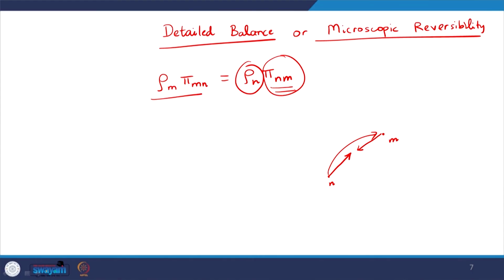As long as the detailed balance is satisfied, that is called a stronger condition, we can rest assured that we will get to the equilibrium or stationary solution, and therefore, the Monte Carlo simulation scheme is valid, right. So, we can have any choice of pi, because in any case we are not bothered about the actual dynamics, right.